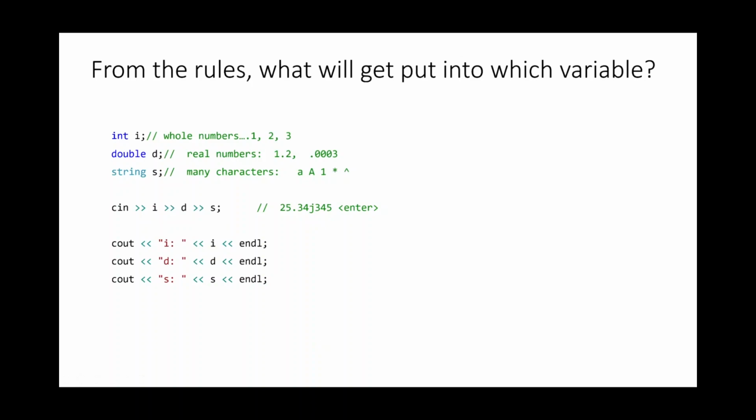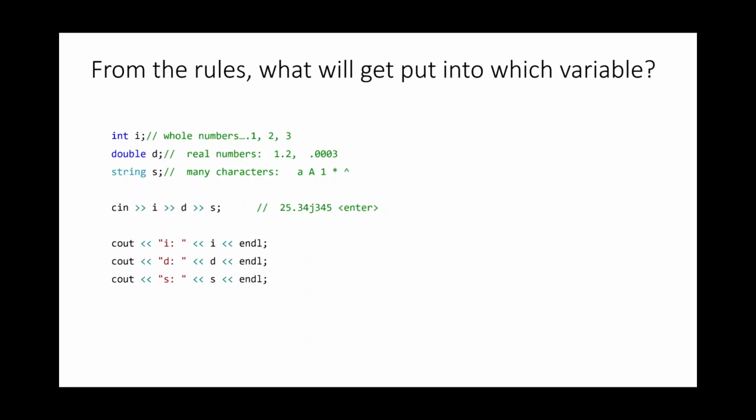So, from the rules we learned, what will you get if you have the following sequence of statements? Int I, double D, string S. Now you know that int is taking whole numbers, 1, 2, 3, -1, -2, -3.